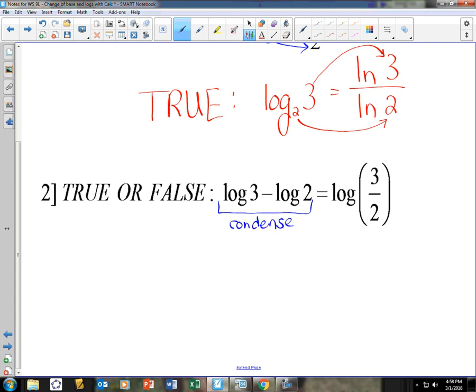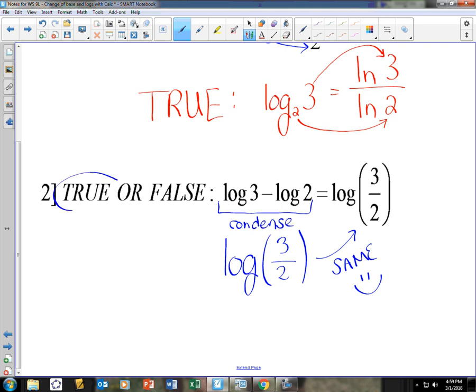And so, yes, they are the same. So this is true. That's how you want to approach these: use your expanding, condensing properties or your change of base properties to see if you can change one side to look like the other.